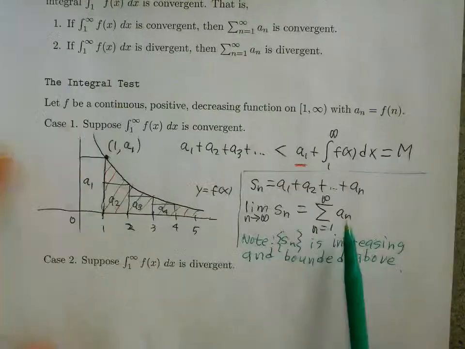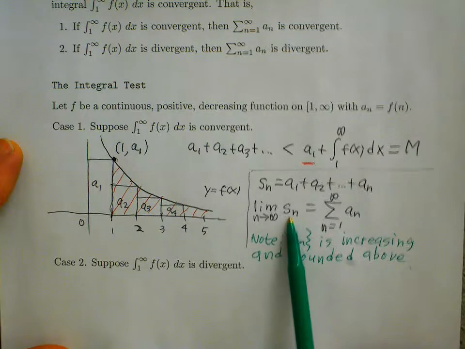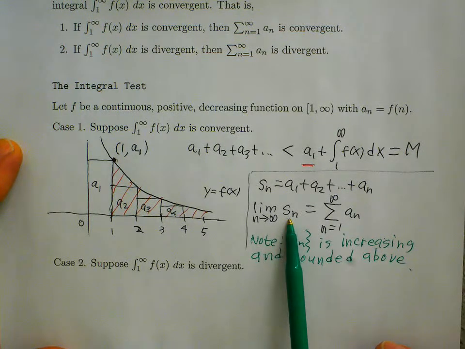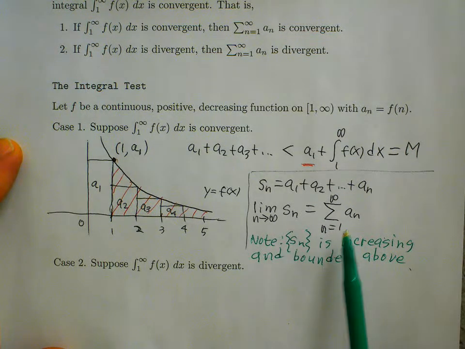And so since the limit of the sequence of partial sums is equal to the series, we say that the series converges.